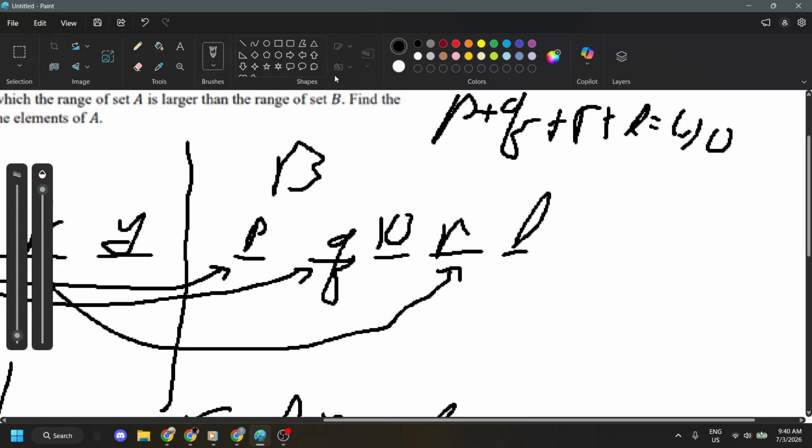So let's find for B. If it's all positive integers, we could have 1, 2, 10, so that would be 13, we need to reach 50. 14, we need to reach 50. 16 we need, so we could do nothing.